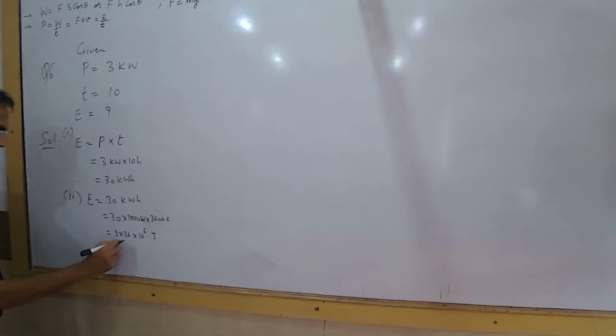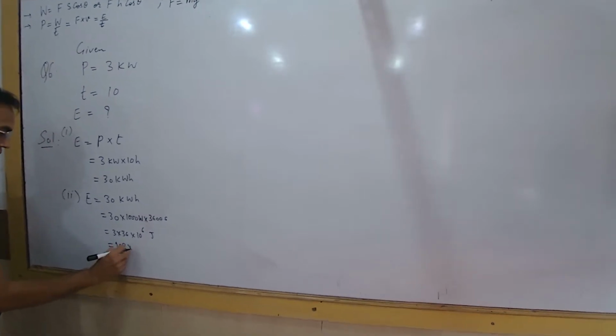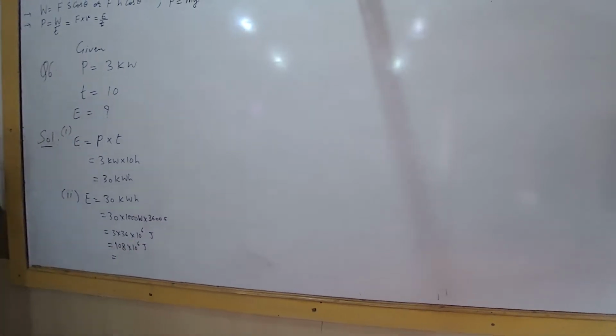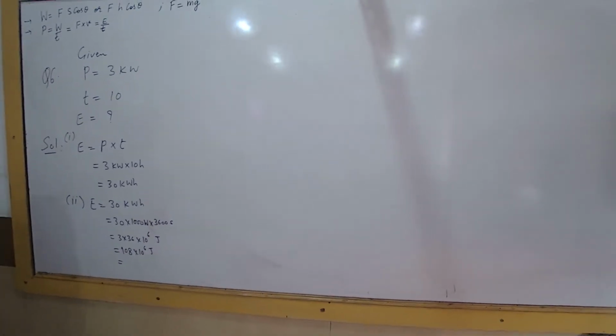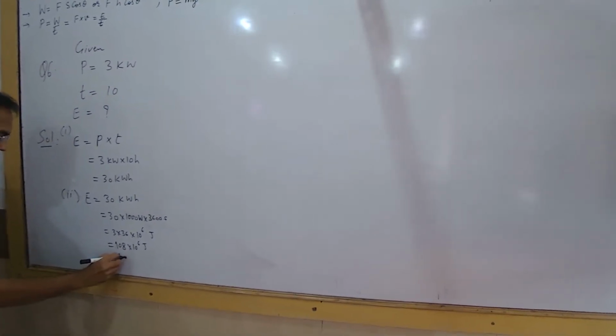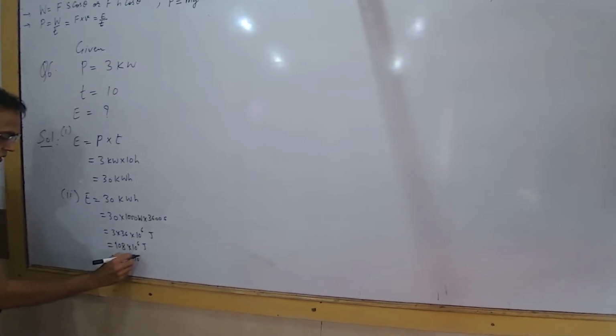So how much is this? 6 is 18. 108 into 10 raised to 6 joule. But in standard notation, we write decimal after one figure, okay, one digit. So it is 1.08 into 10 raised to 2, which will add up to.